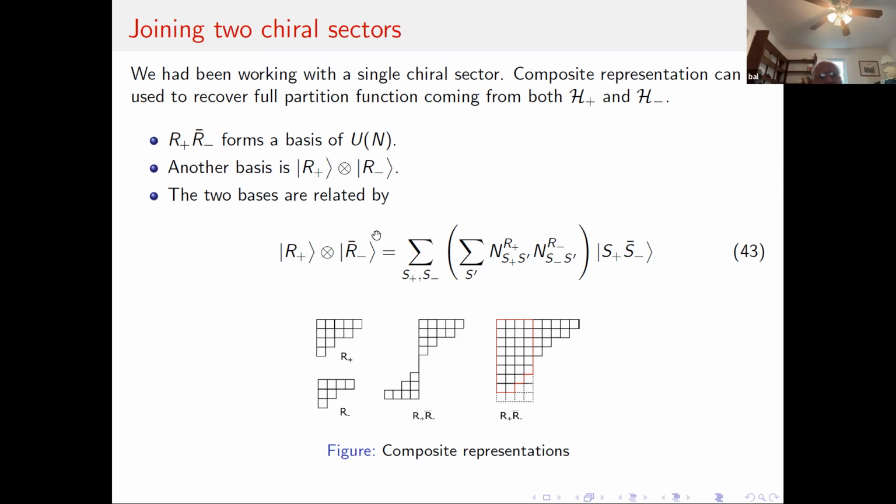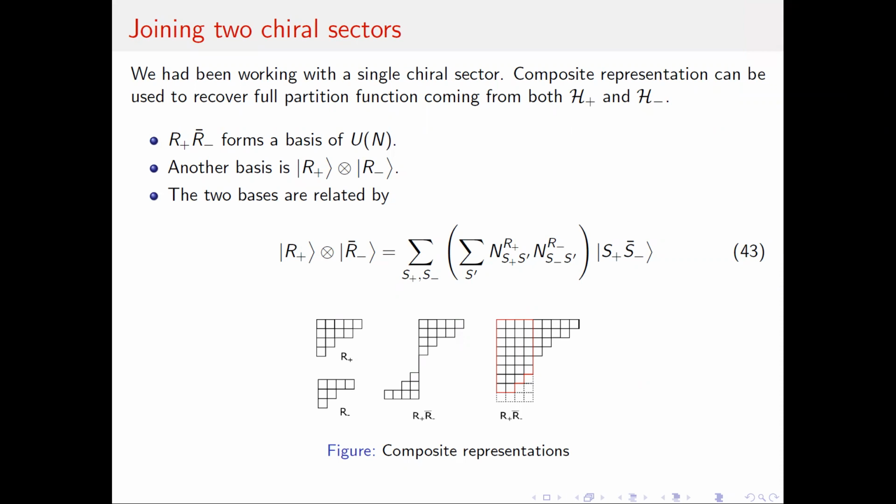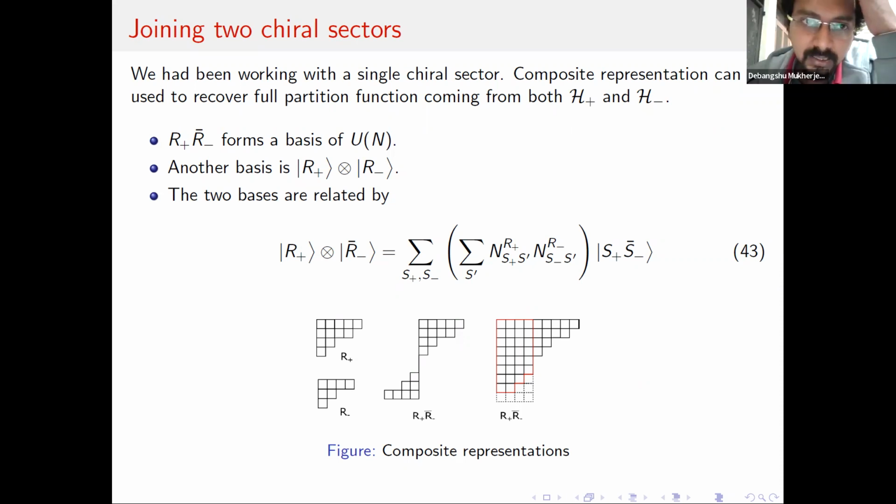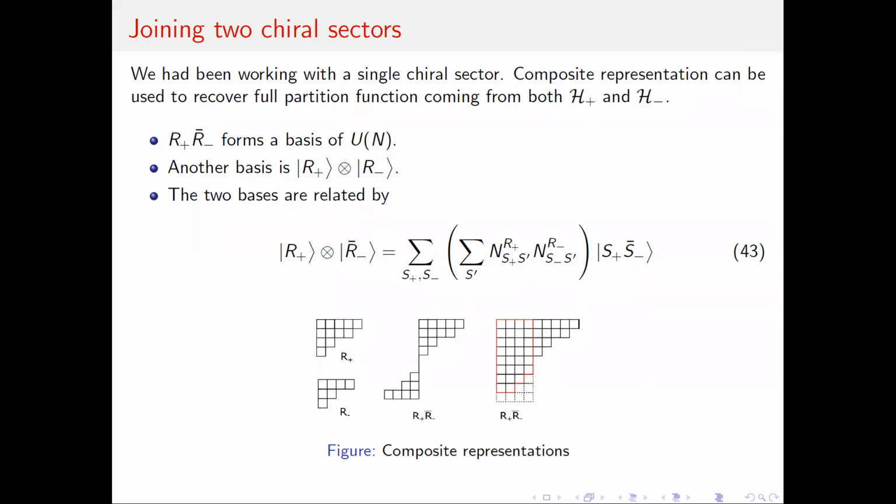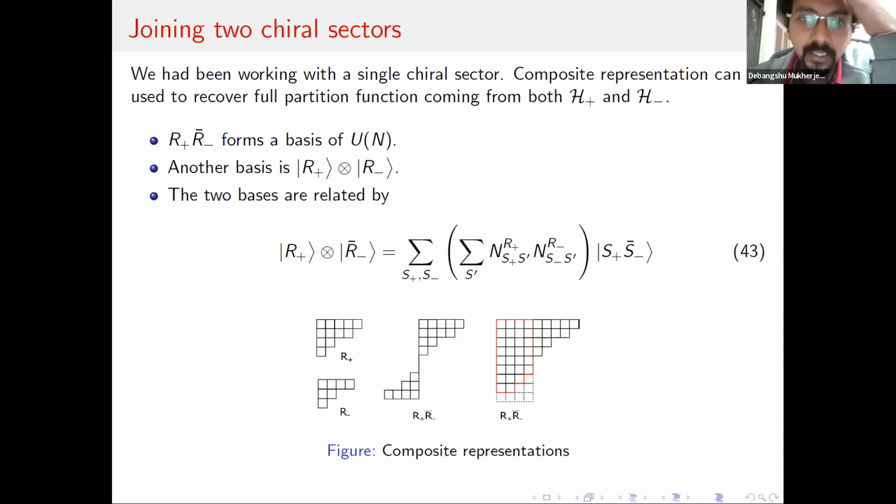I think that these results are only true in the large n limit. For finite n, I don't know. For finite n, all these things will not hold completely. It will break down. For finite n, the prescription will break down.